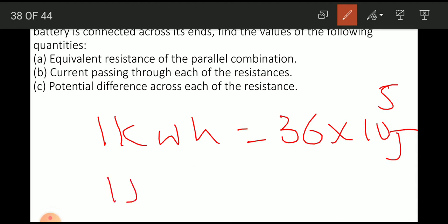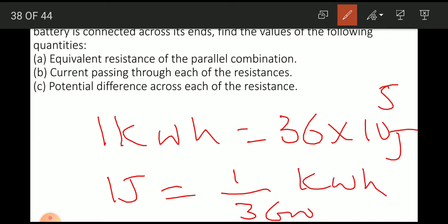So 1 joule will be equal to 1 divided by 3.6 cross 10 raised to the power 5 kilowatt hour. Multiplied by 1000, you will get the answer.